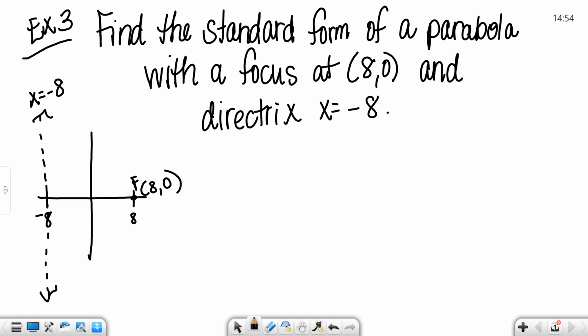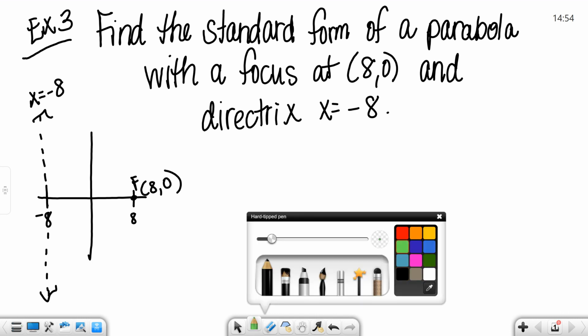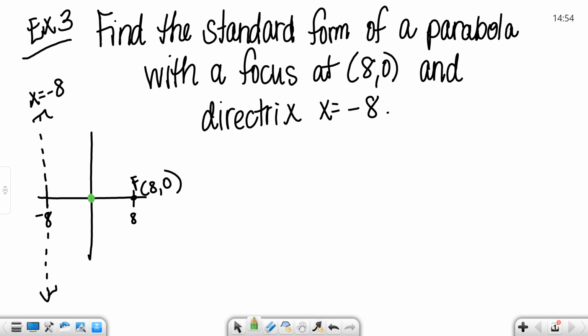I know that my vertex is midway between the focus and the directrix. So that would put my vertex right there. It's in the middle of the focus and the directrix. So my vertex is (0, 0).